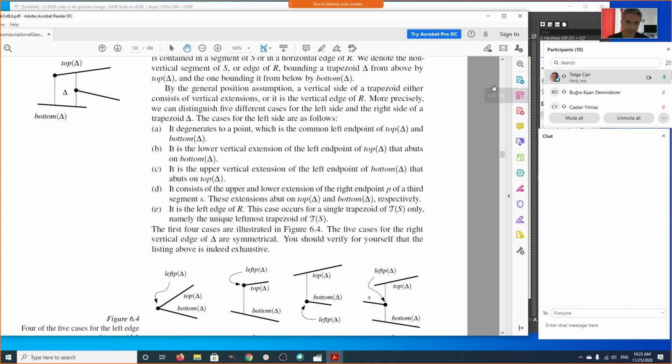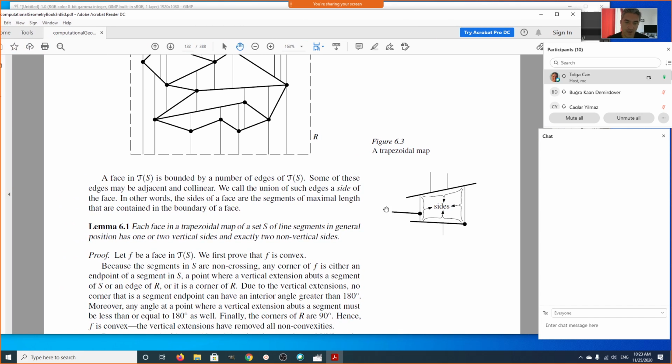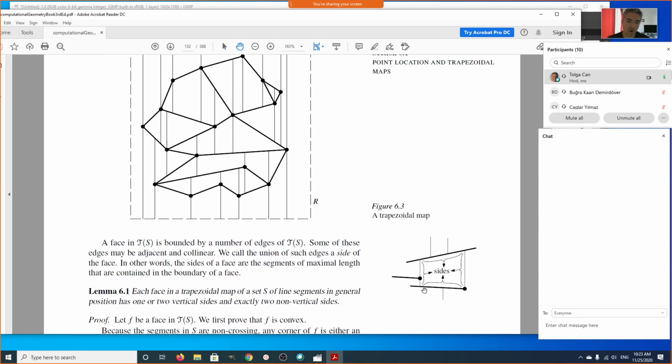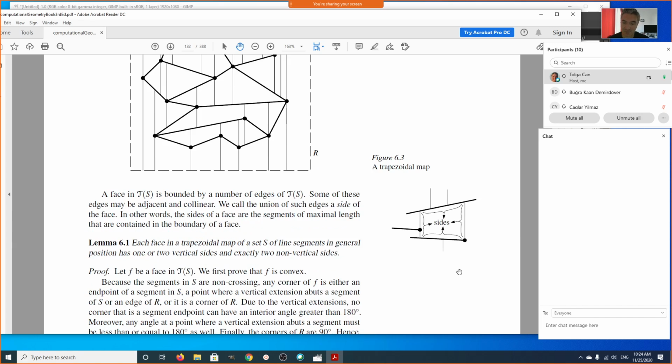Every face in this new subdivision will have only one point on their left side, like this one trapezoid, or at most two trapezoids. As you can see on the left side, there are two trapezoids of this one, but its neighboring left and right trapezoids can be four at most.